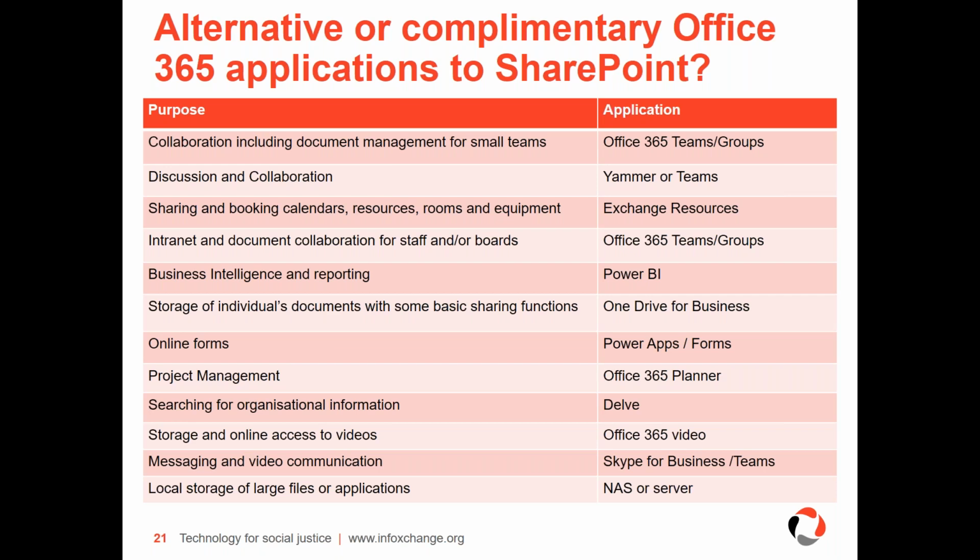You can store videos within Office 365 SharePoint document libraries, or you can use the Office 365 video platform. The advantage of the Office 365 video platform is it works similar to a YouTube channel, in that what happens in the background when you load a new video is it creates multiple different versions of that at different scale.